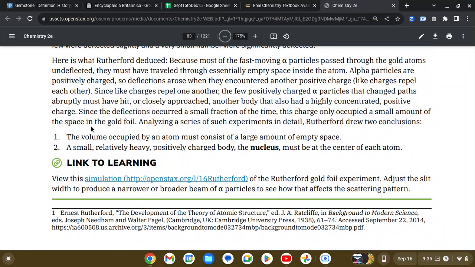Since like charges repel one another, the few positively charged alpha particles that changed paths abruptly must have hit or closely approached another body that also had a highly concentrated positive charge. Since the deflections occurred a small fraction of the time, this charge only occupied a small amount of the space in the gold foil.